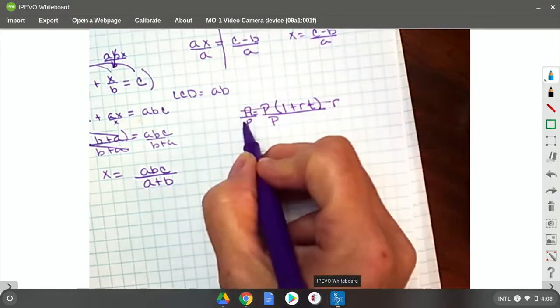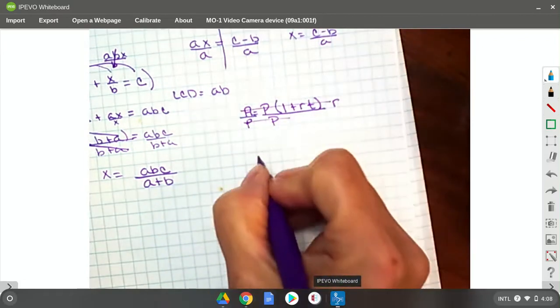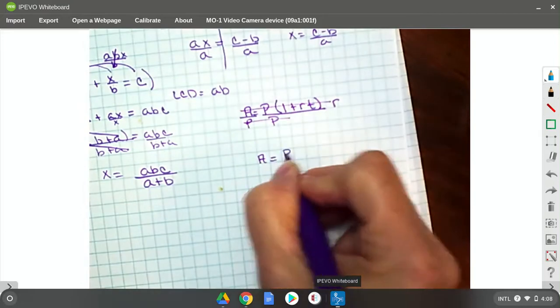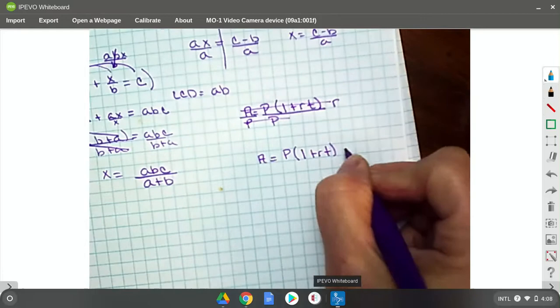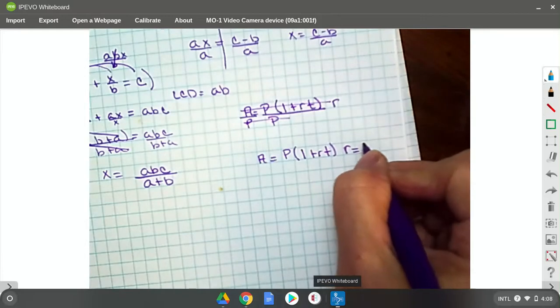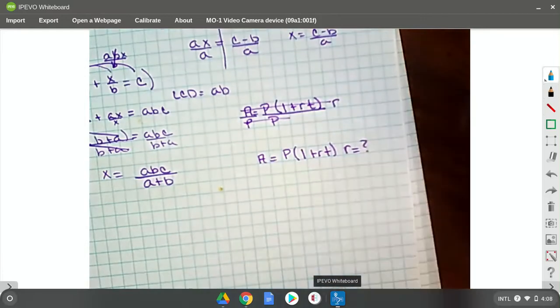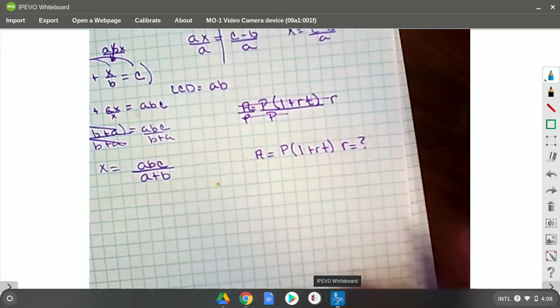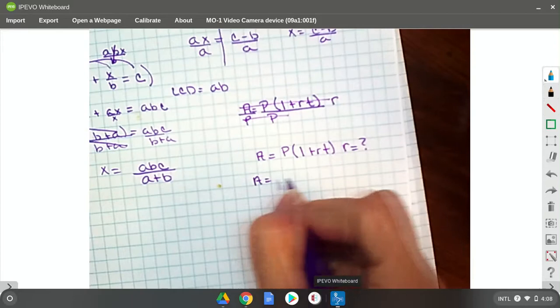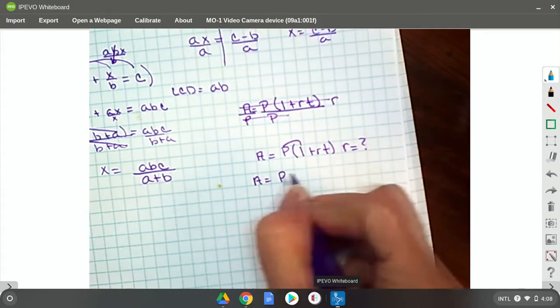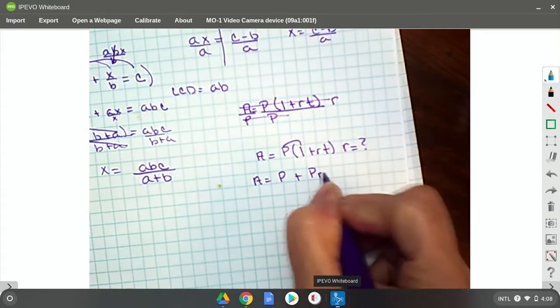Actually, I think the first thing I'm going to do is to distribute because that might make it a little bit easier. We're looking for R. I'm trying to find out what does that rate equal. And I think distributing will make it a little bit easier. So I'm going to say A equals P times 1 is P plus PRT.